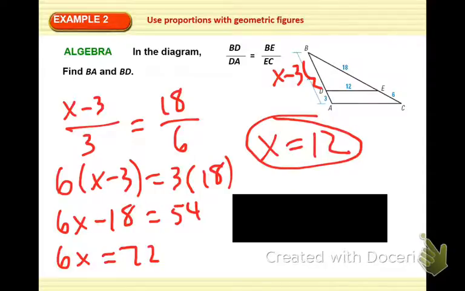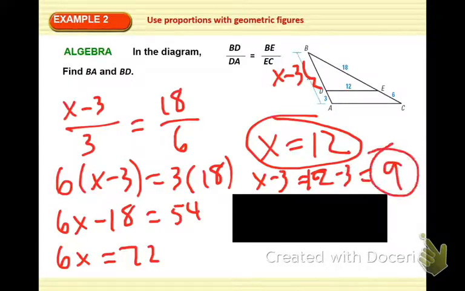X minus 3 equals 12 minus 3. So the answer should be 9, not 12. We have to go back and plug back in. Okay, everybody have it? Very good.